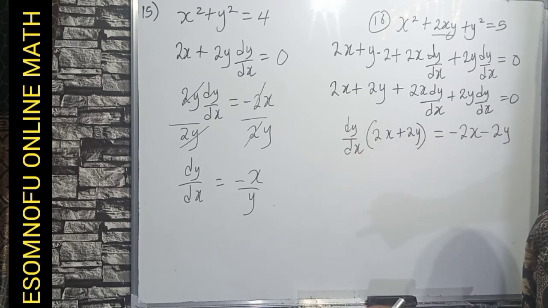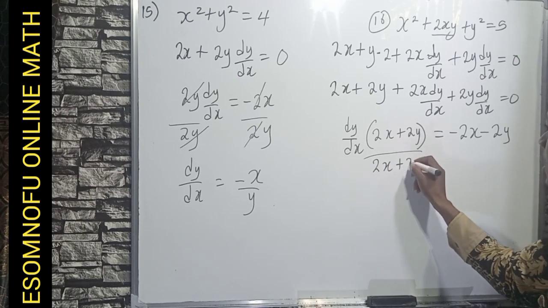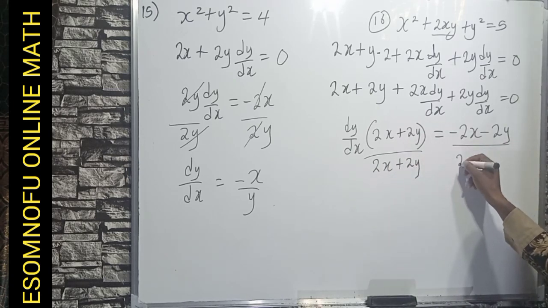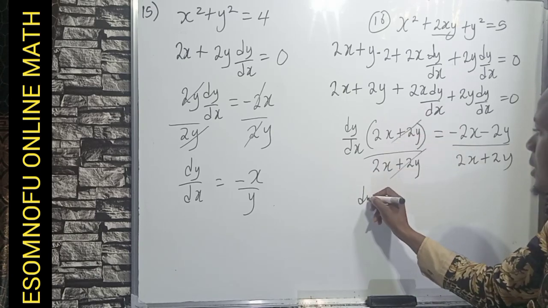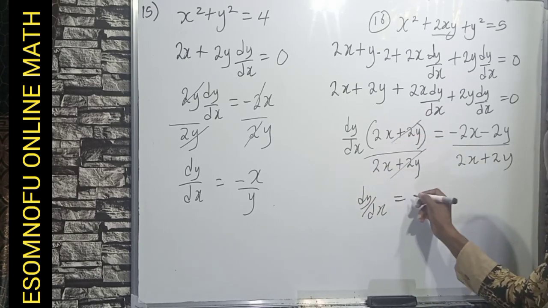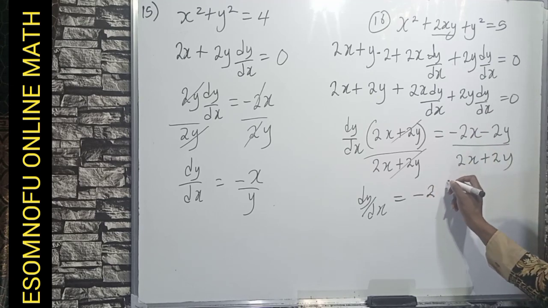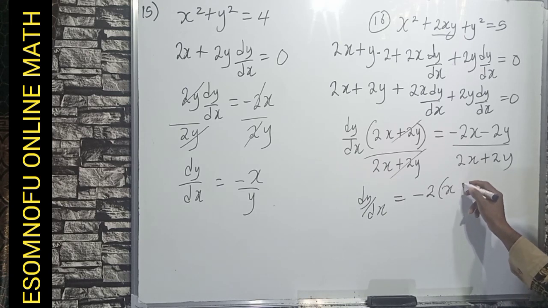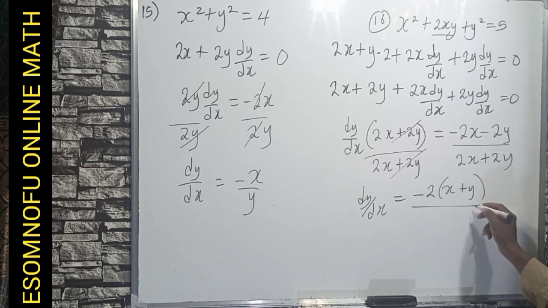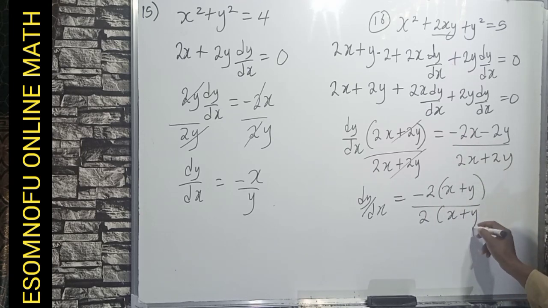So to get dy/dx, I will divide both sides by 2x plus 2y over 2x plus 2y. This will cancel out. You now see that dy over dx becomes, negative is common here, so you can have negative 2 into x plus y over, coming here 2 is still common, you have 2 into x plus y.